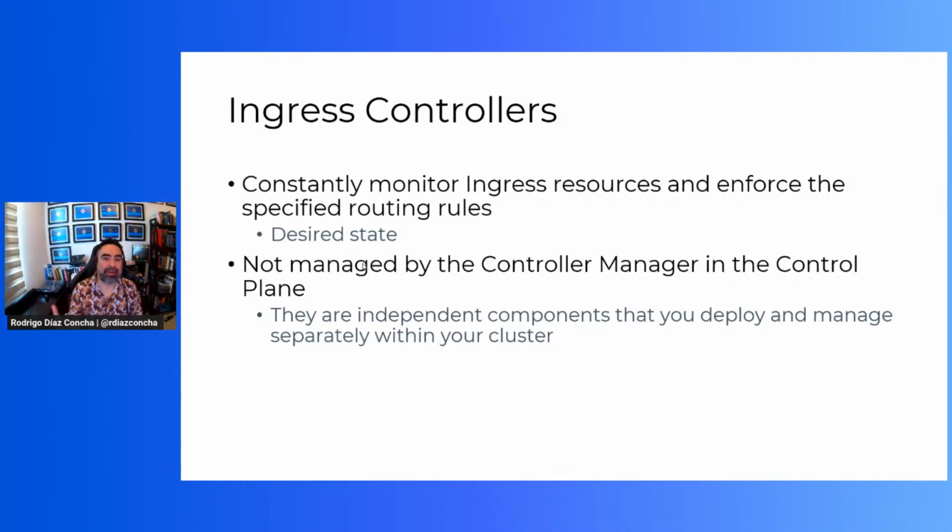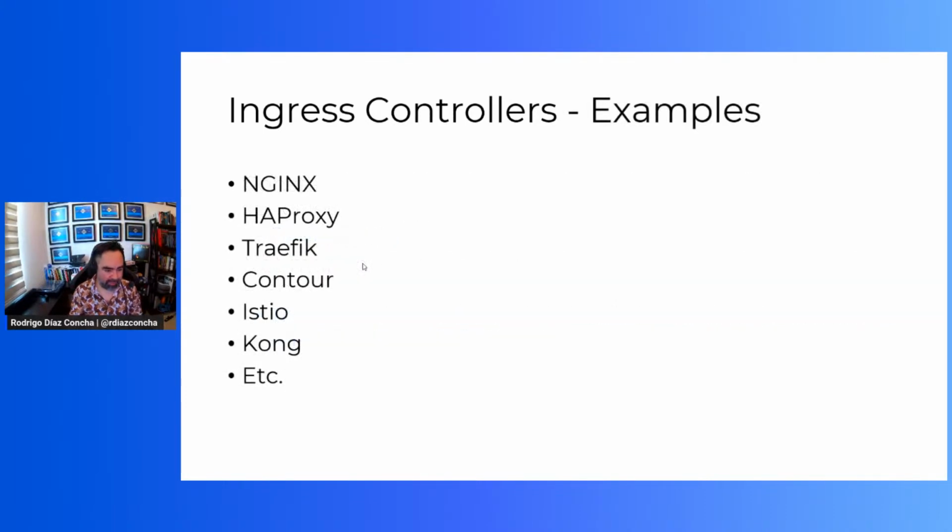So there are many Ingress controllers that you can use. It depends on the flavor of the Ingress controller that you want to use. I'm going to use Nginx in this session. However, you can use Kong, you can use Istio, you can use Traefik, I think I have the list. Yes, I do. There are others like the ones that I have here in this list, right?